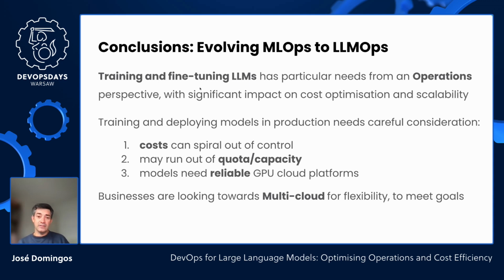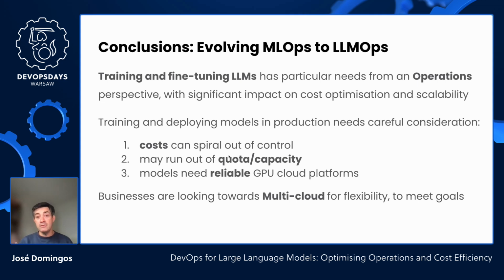And as you can probably see clearly now, they have a significant impact on cost optimization and scalability of the business. Training and deploying models in production can lead to very high cost, so you need to be careful.